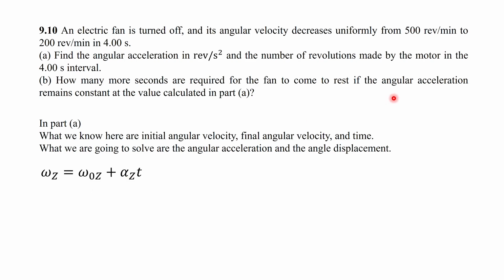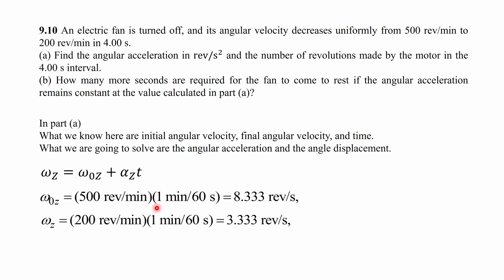If we know in 1 minute the angular velocity is 500 revolutions, then in a second we just need to divide this number by 60 seconds. This is how we convert. The angular velocity is calculated from the number in the description divided by 60 seconds. Then we have the number in units of revolutions per second.